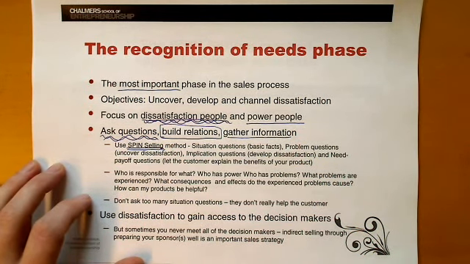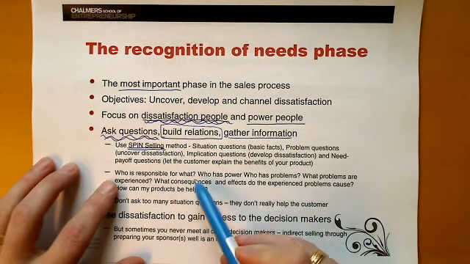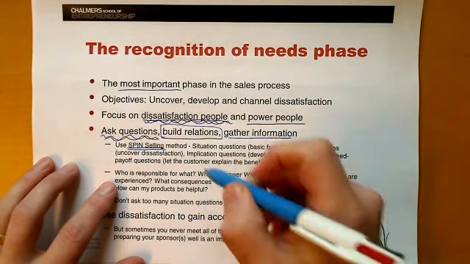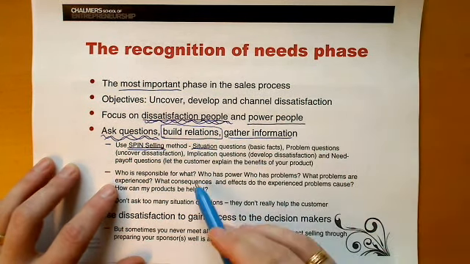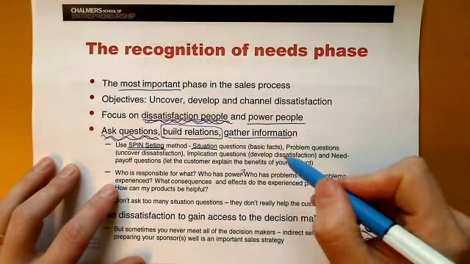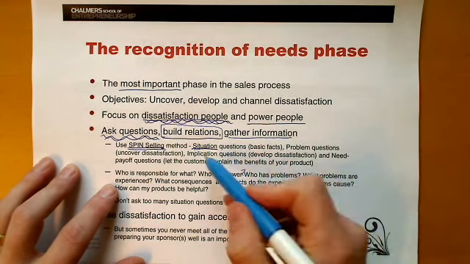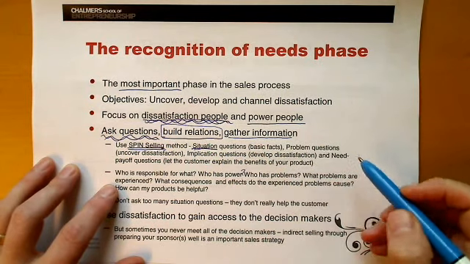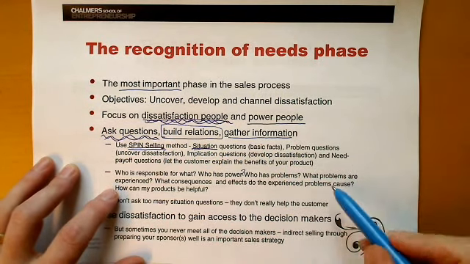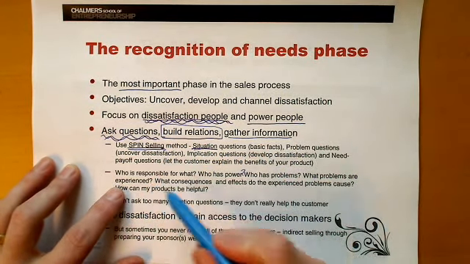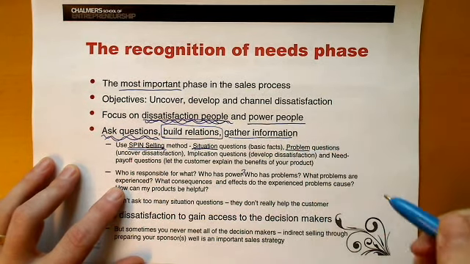The kind of questions asked could be, for example, who is responsible for what? That would be a typical situation question. Who has power? That's a typical situation question as well. Who has the problems? Same thing there. The situation, basic facts. Then you come into questions like what problems are experienced? It's a typical problem question.